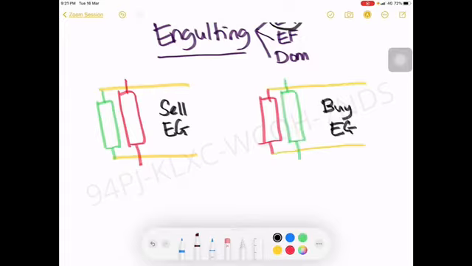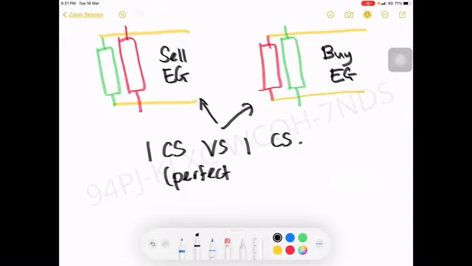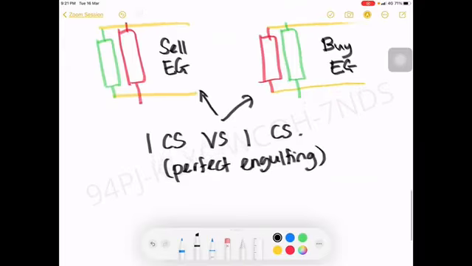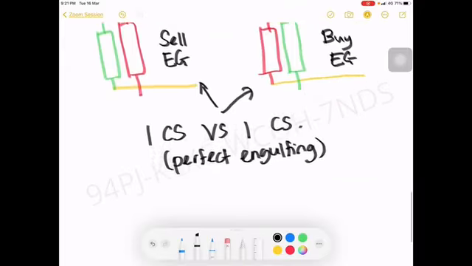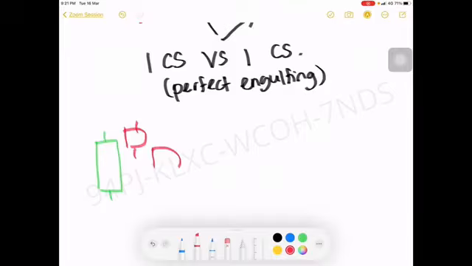It's going to look like this. So we are going to mark this candlestick, this one. Okay, so you mark this candlestick, or what we call perfect engulfing.